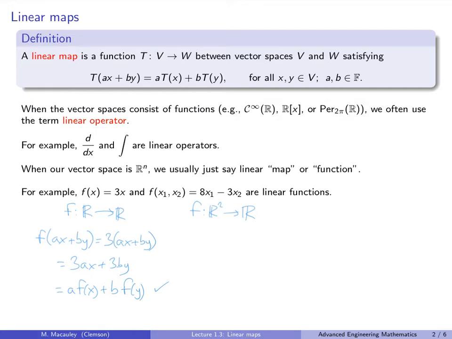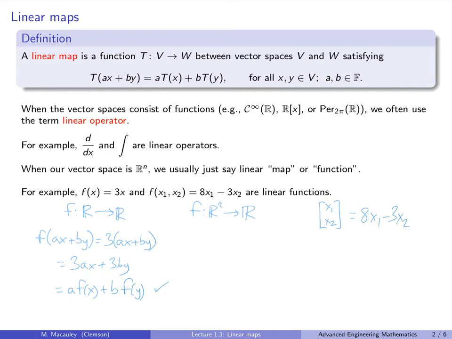Functions like these from Rn to Rm can be written as matrices. I think I've said that before. So in particular, the input is a vector x1, x2, and then the output, so f of this vector equals 8x1 minus 3x2.